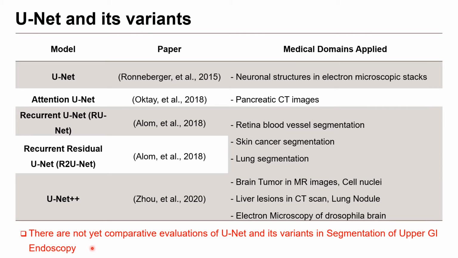We realize that while there are not many research works in the field of gastroenterology, to the best of my knowledge, there are not yet comparative evaluations of UNet and its prominent variants in segmentation of upper GI endoscopy. This exactly motivates us to do this study. UNet is a simple architecture, and its success in neuronal structures segmentation opens a possibility of obtaining other achievements.